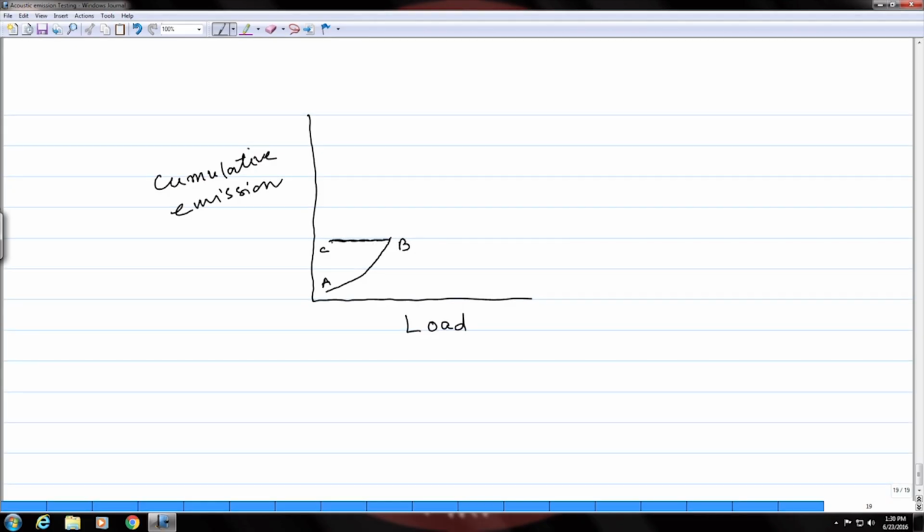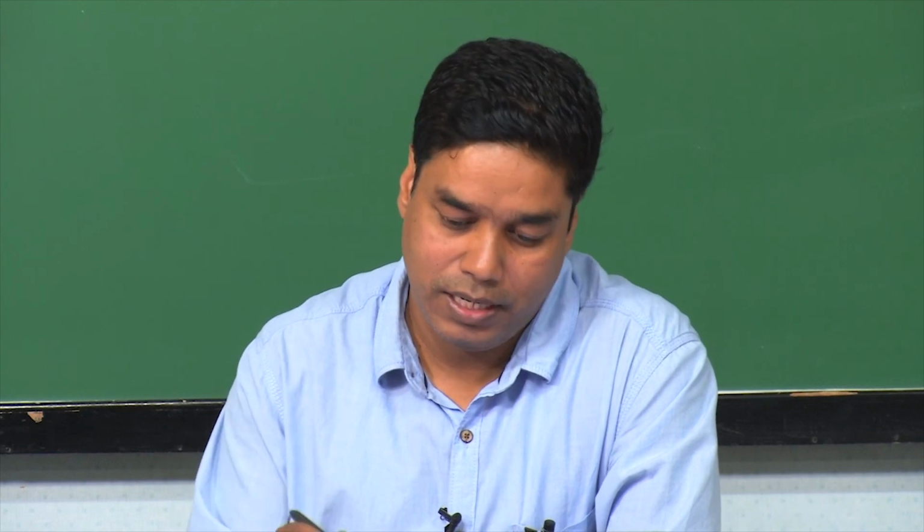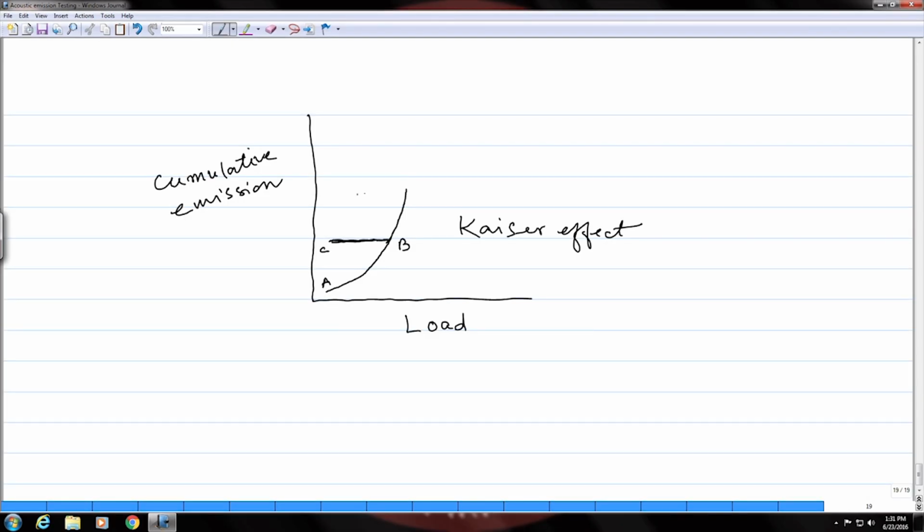So, during this reloading cycle, which is CB, if you see that the curve is going like this, that means you see further emissions only after exceeding B, which is the previous maximum load, then this, as you know by now, is the Kaiser effect, which said that emissions will occur after you cross the previous maximum load, and that is what you see in this case. Okay.